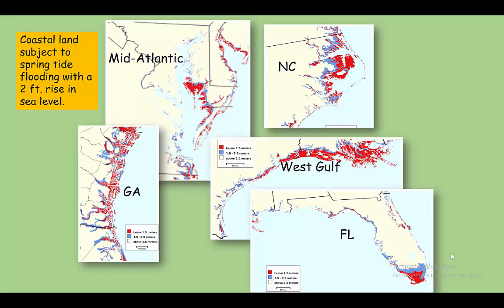If we look at the areas that are most vulnerable here on the East Coast and the Southeast Coast, there's a prediction that in the next 100 years there's going to be about a 2-foot rise in sea level. So these areas in red are the highlighted vulnerable areas. And obviously in the Mid-Atlantic we have this area, Delmarva, Chesapeake Bay area, southern New Jersey and Delaware along the Delaware Bay shore.